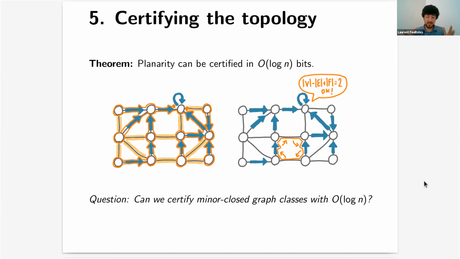At the end, the question is whether this notion of minor-closed graph classes, which is a notion of sparsity from graph theory, is deeply linked with the fact that you can certify things locally. If this were true, this would be really exciting. And if it's not true, I would be very interested too.